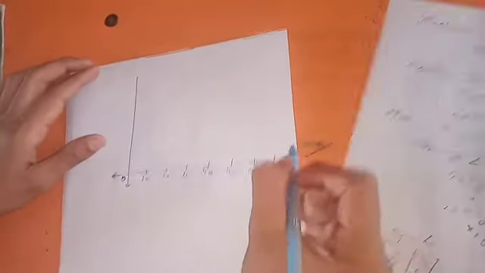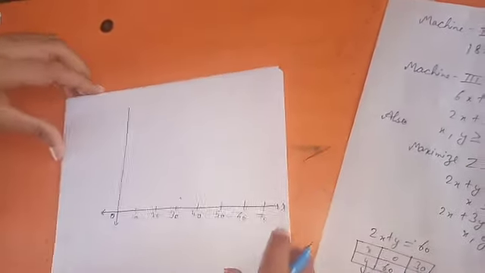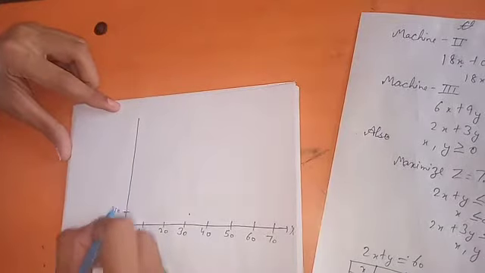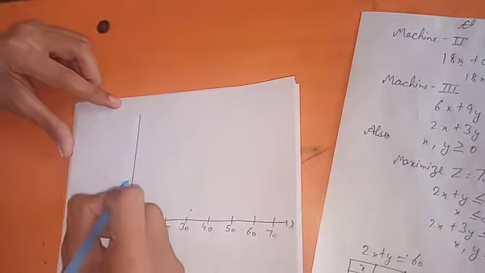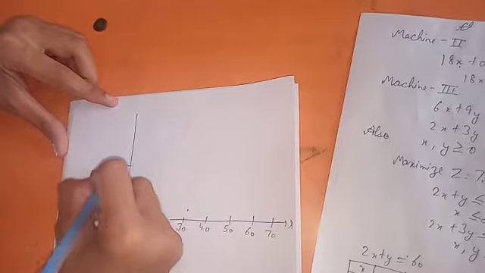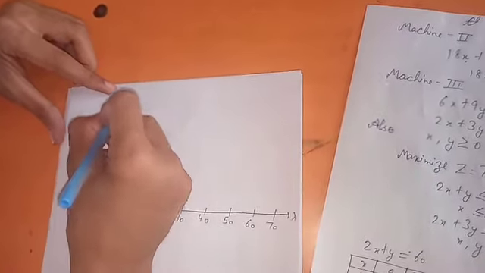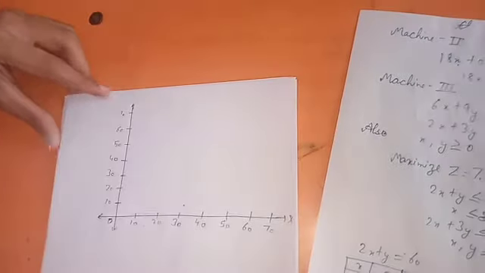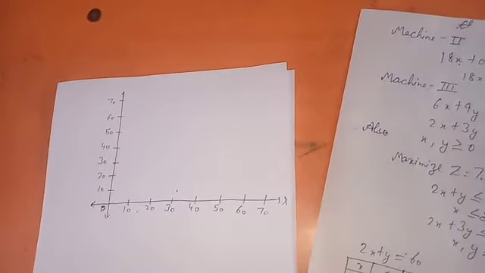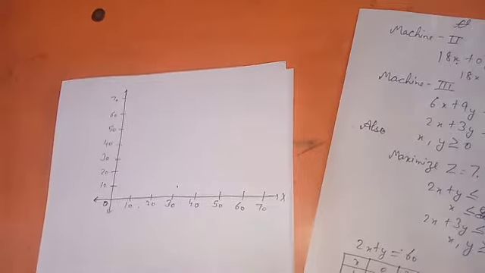It is on the x-axis, and similarly for y, 10, 20, 30, 40, 50, 60, and then 70. Okay. Now we can use these values and make our graph.